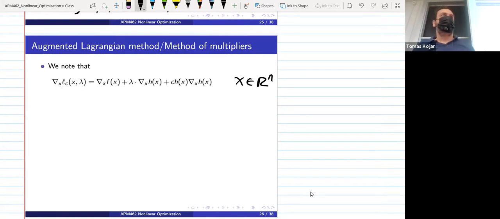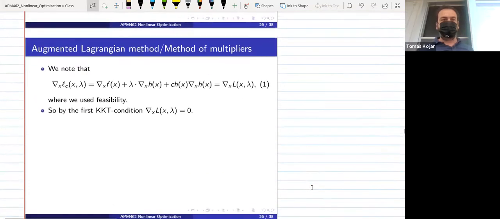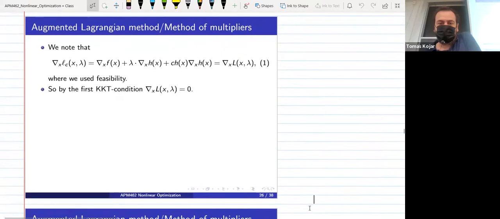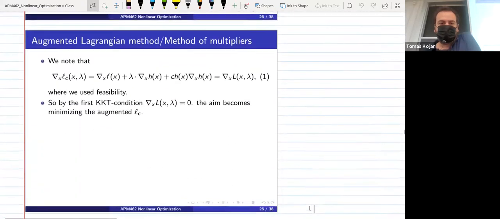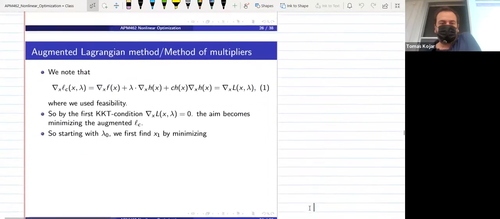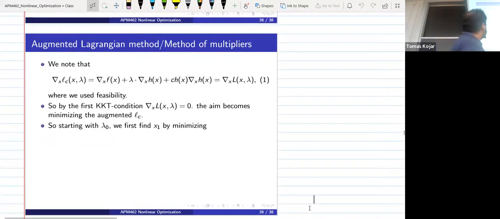So now this is an unconstrained problem, and you just used second year calculus. So you set the gradient to 0. Now let me give you the steps.